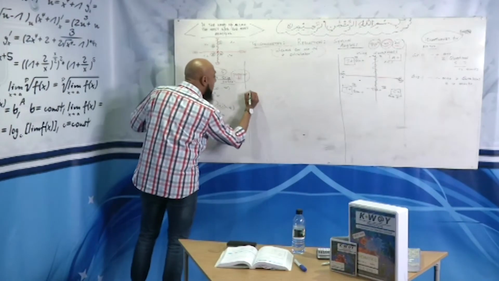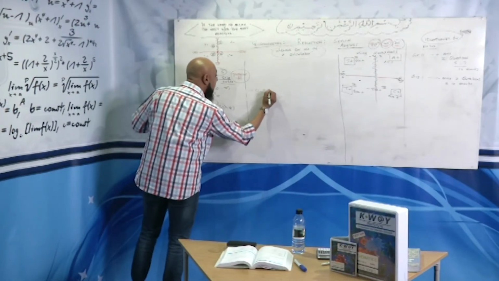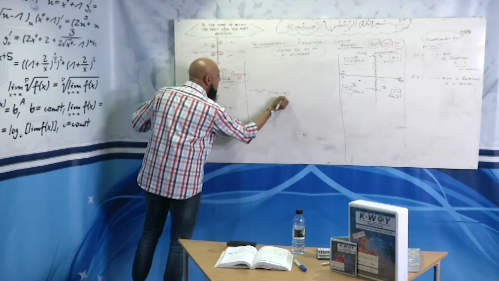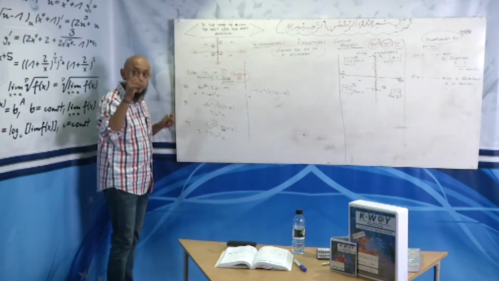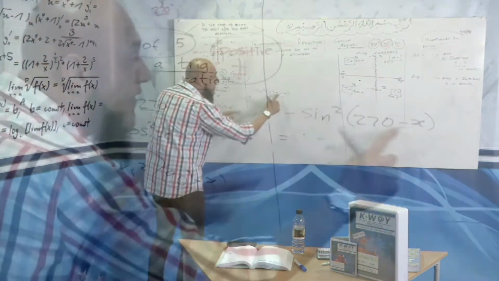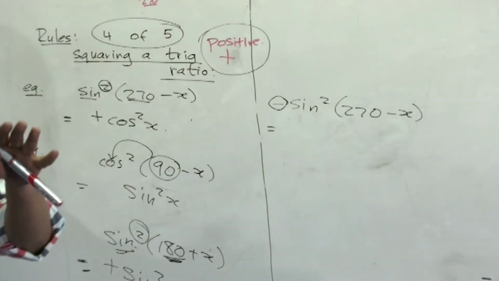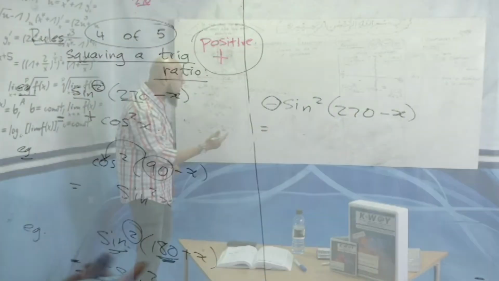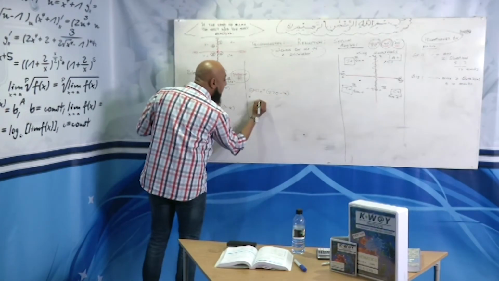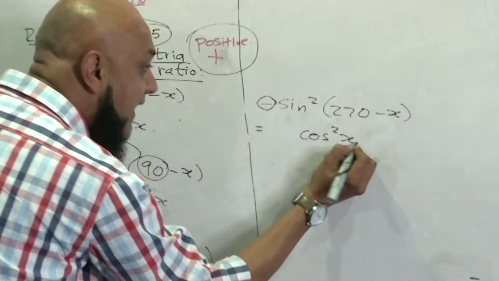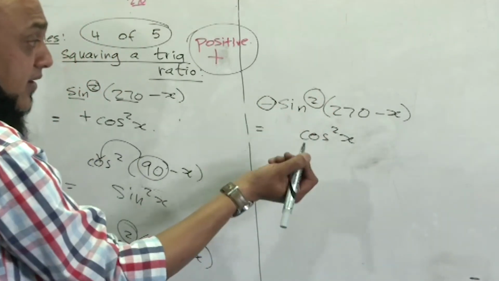But what if you had minus sine squared 270 minus x? Now it's already negative from the question. Now pay attention. This negative does not belong to the ratio. I'm showing you all the styles that you could see in your problem. So sine squared 270 minus x will be cos squared x, and it will be positive because of the square.